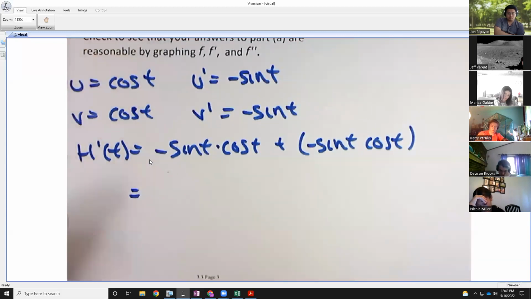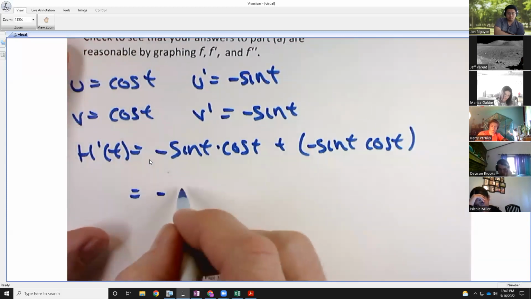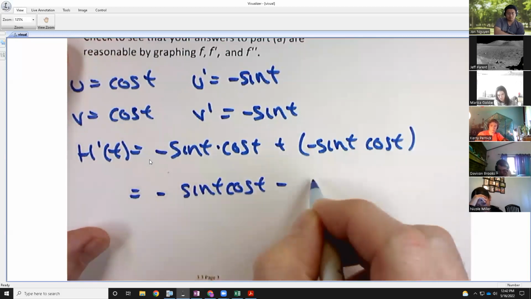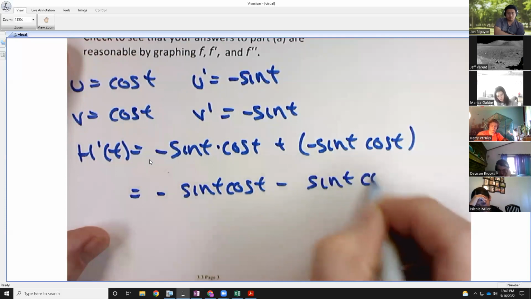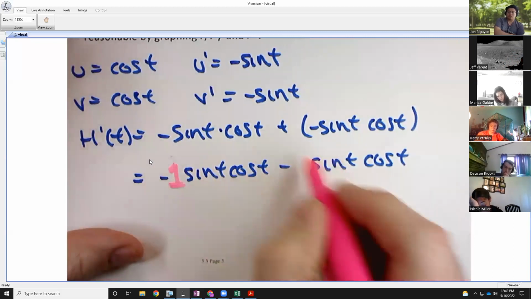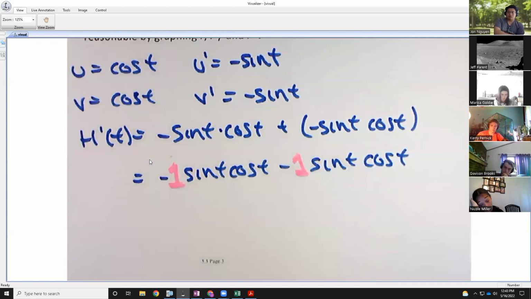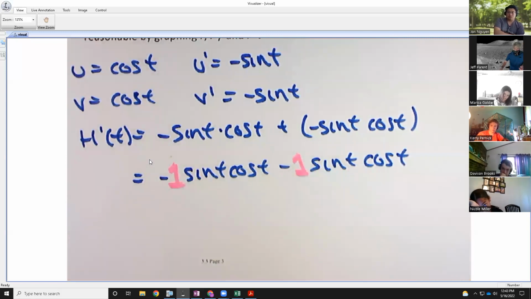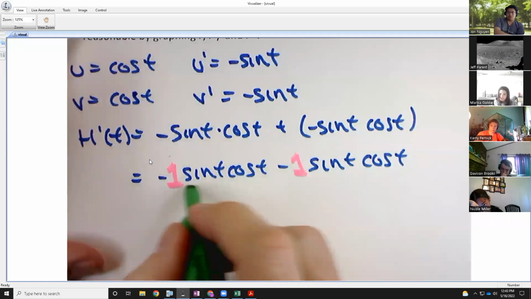It would be nice if you clean this up a little bit. Does anyone see how this is going to clean up? So I've got negative one of them here and negative one of them here. But if you look at the rest of this, it's like terms, right?